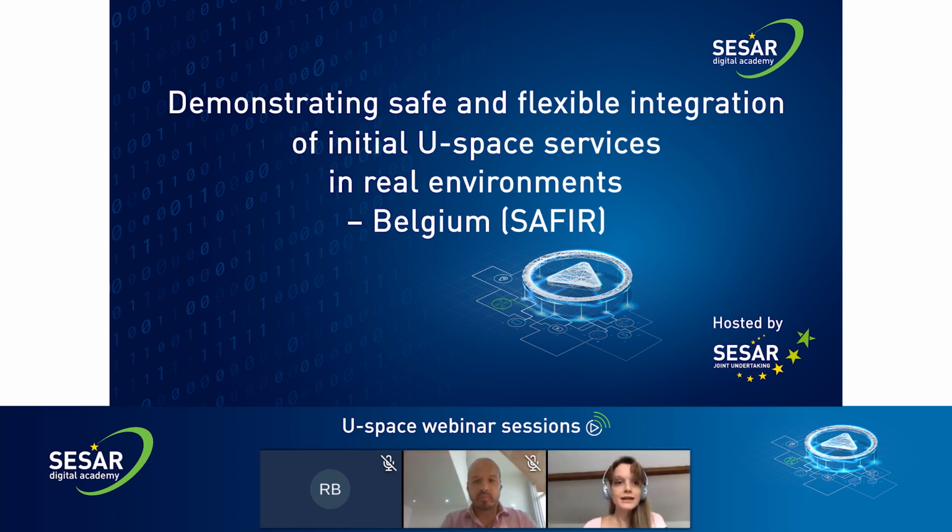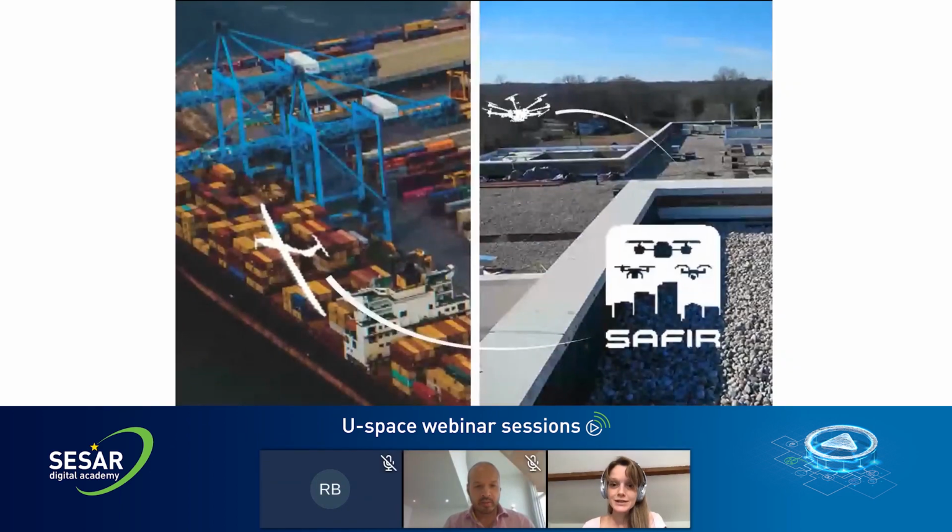So thank you so much for joining me. I'm Ellen from Unifly, and I would like to tell you a little bit more about the SAFIR project. SAFIR stood for Safe and Flexible Integration of Initial Use-Based Services in a Real Environment. Also, to my knowledge, this is the only project that we have that has an acronym for the actual first letters. So there we are also very proud of that.